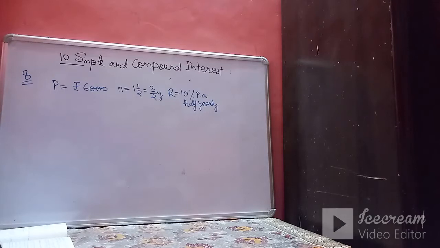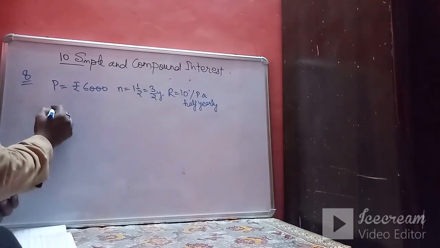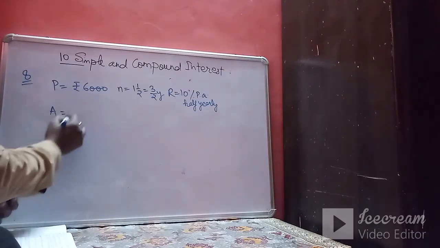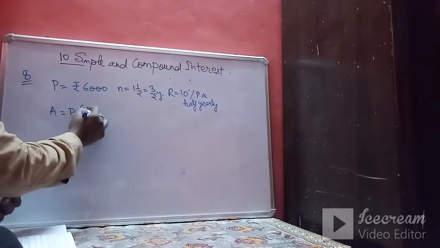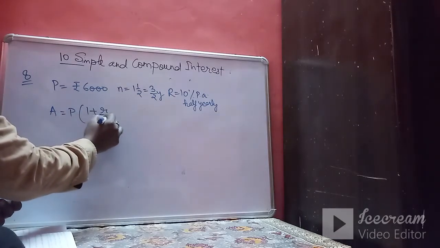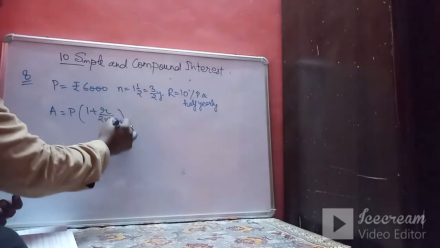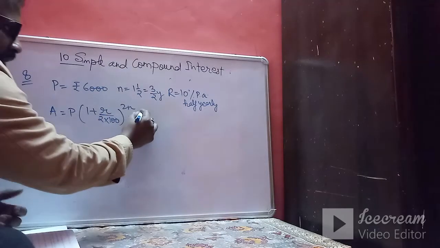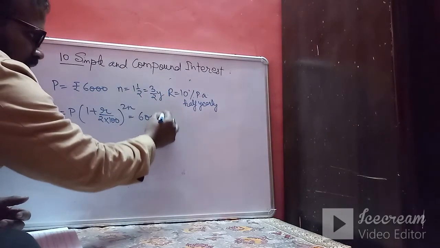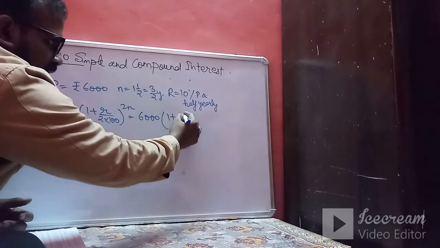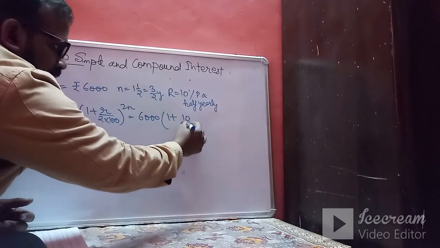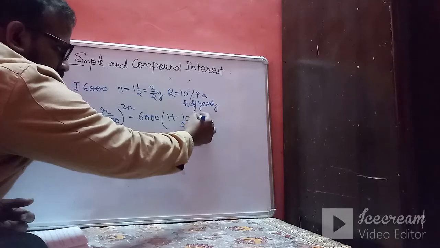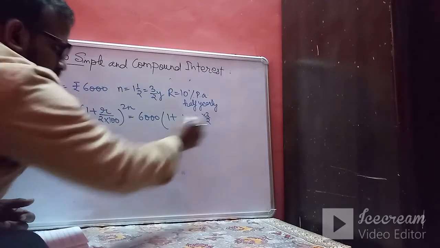Now in this case we have to calculate the compound interest. So first we will calculate what amount he will get by using the same formula that we were using for half yearly, 2n. So that is 6,000, 1 plus rate is 10 upon 2 into 100, to the power 2 into 3/2.